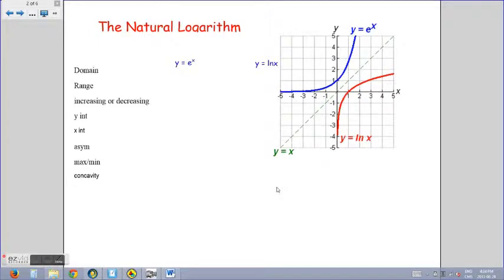Mathematicians and physicists are often not that creative. So in order to name something that occurs naturally, they called it the natural logarithm. You might have noticed ln on your calculator, and that stands for the natural logarithm, which is the inverse function of y is equal to e^x.